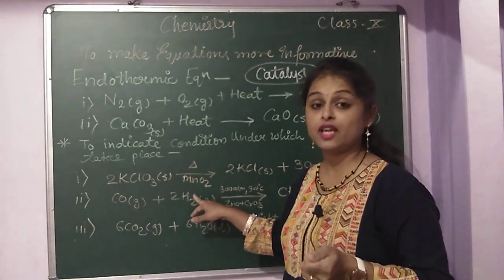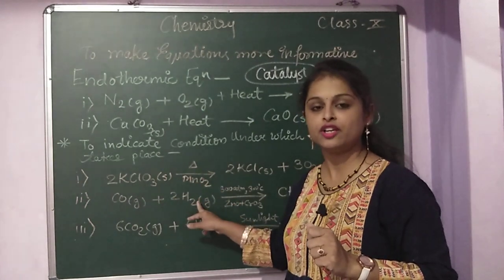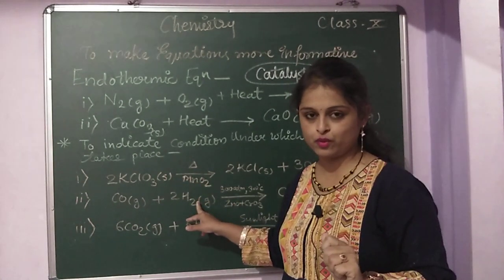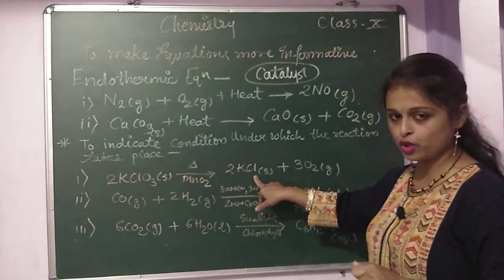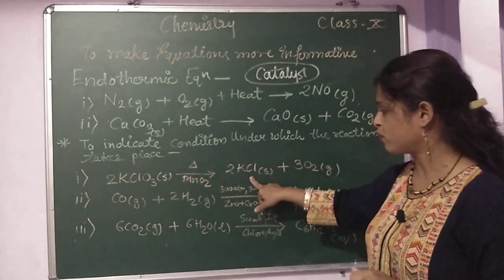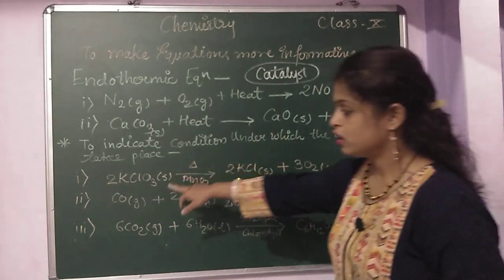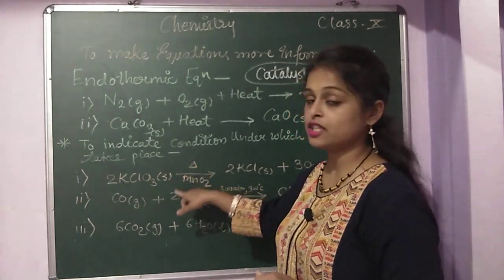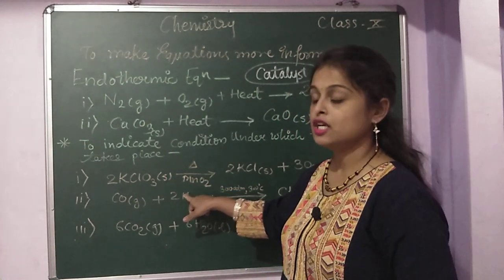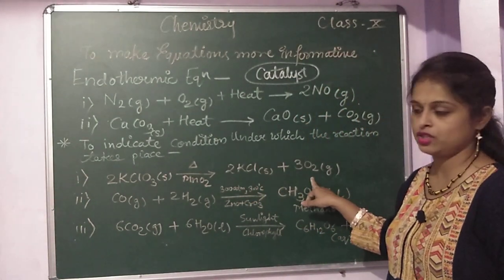It means this catalyst is helping us to complete this reaction, to carry out the reaction. Did you understand the function of the catalyst? Now what happens? It gives potassium chloride as a product and liberates oxygen. Understood? This potassium chlorate, when we provide heat and the catalyst, gives potassium chloride along with oxygen gas.